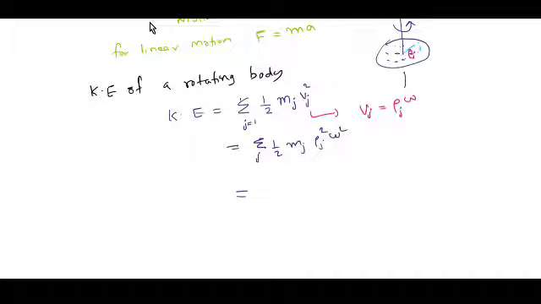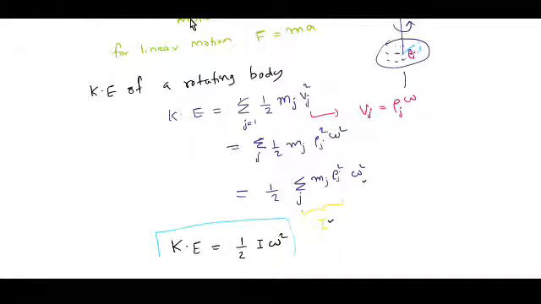Taking half outside, the summation over j of mj rho j square omega square, and this summation is nothing but the moment of inertia I. Therefore, the kinetic energy of a rotating body is half I omega square.